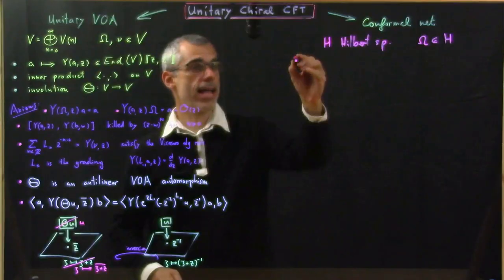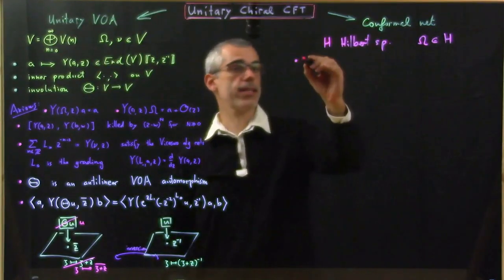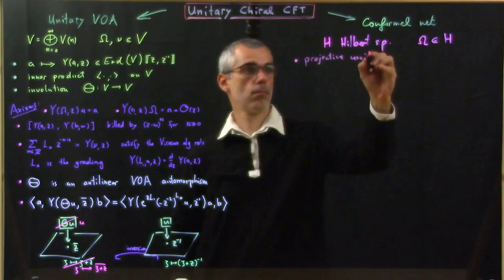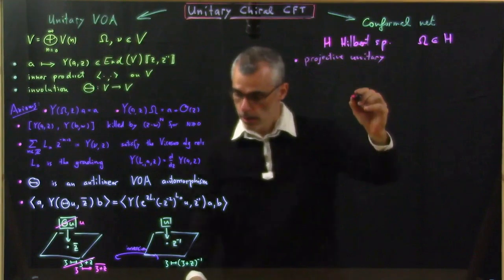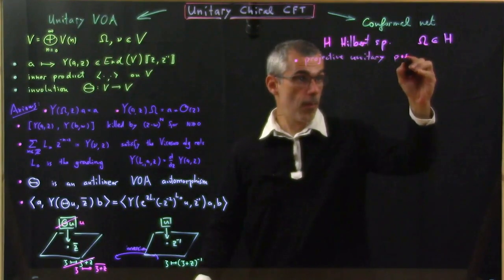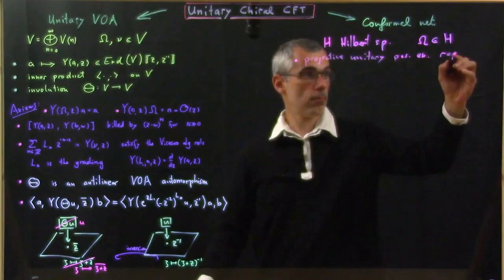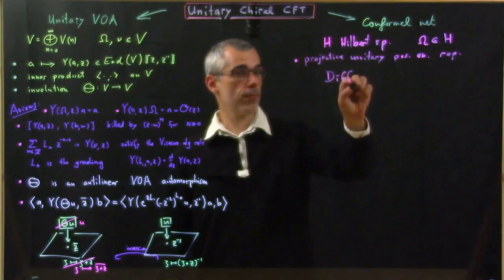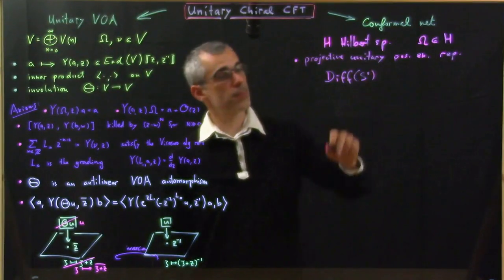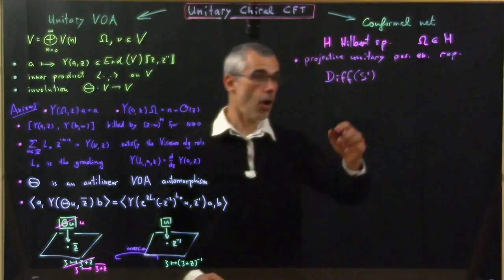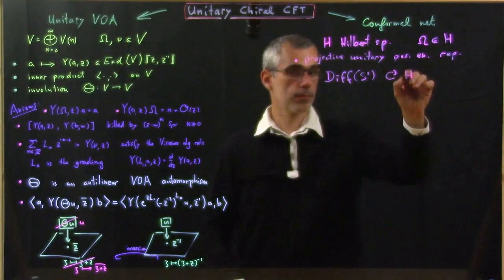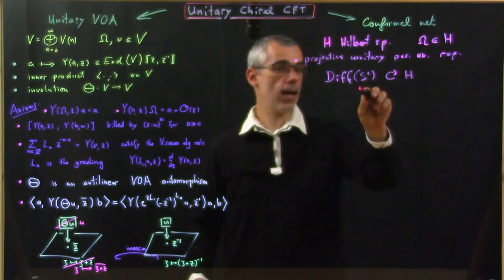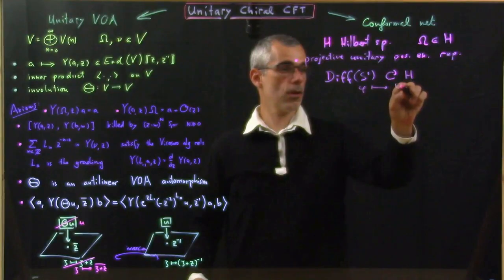We have a projective unitary representation of positive energy of the group of orientation preserving diffeomorphisms of S1 on H. And that is denoted by an element phi goes to u sub phi.